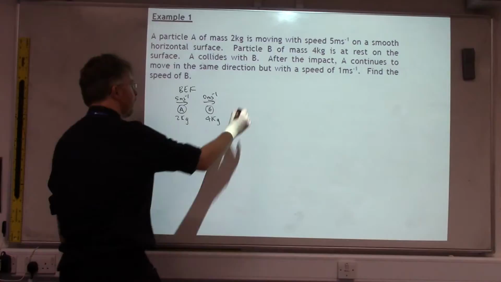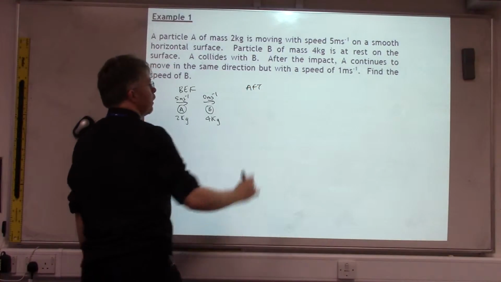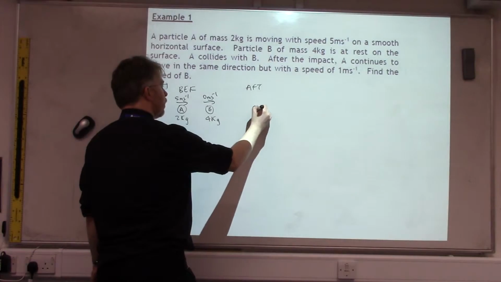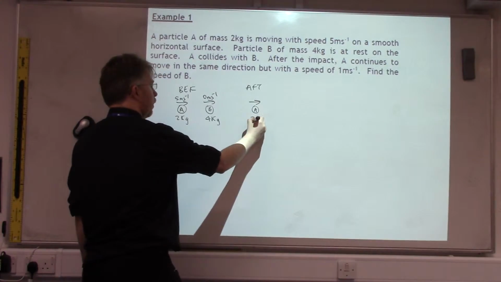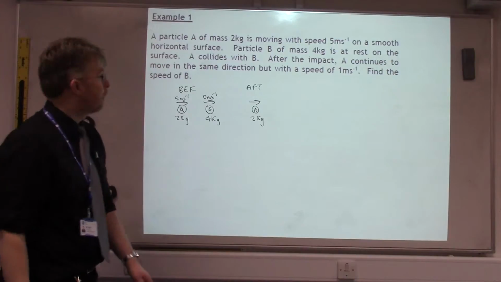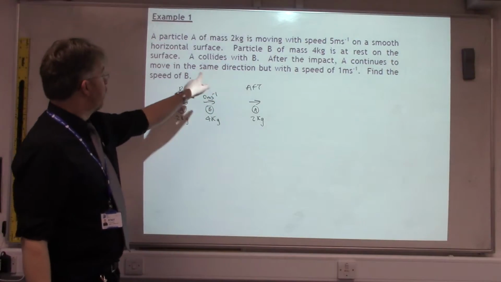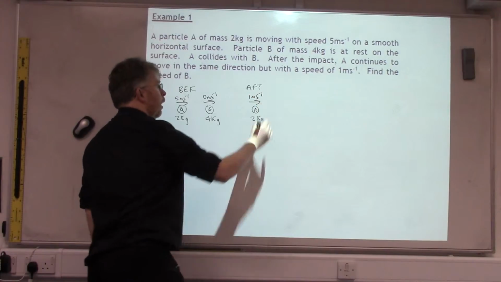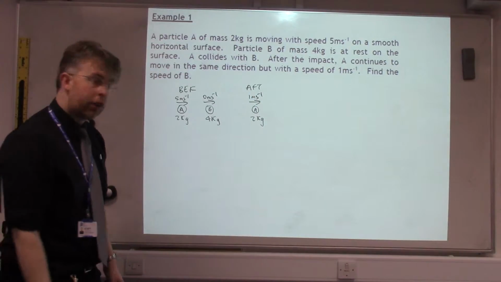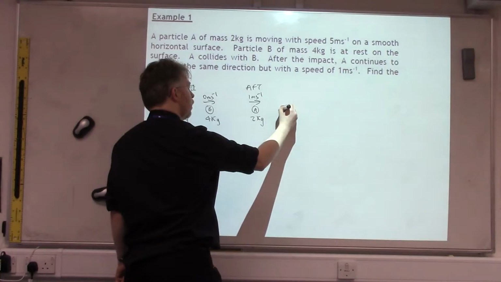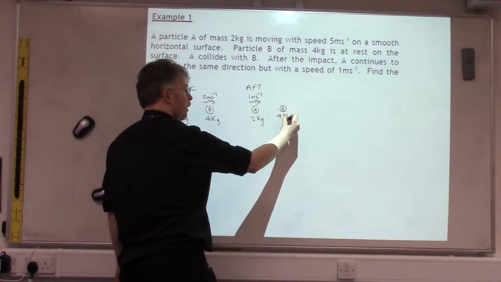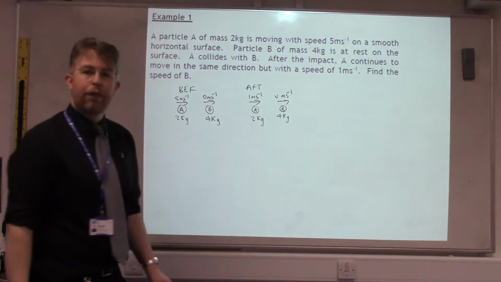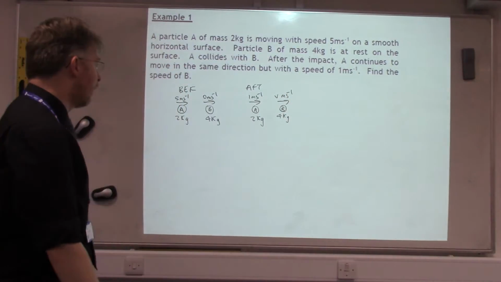After the impact, A continues to move in the same direction. So it starts at a mass of 2 kilograms, but with a speed of 1 meter per second. And we're to find the speed of B, which will also have changed. So B, still 4 kilograms, and we'll call that speed V, and that's an unknown we need to find out.